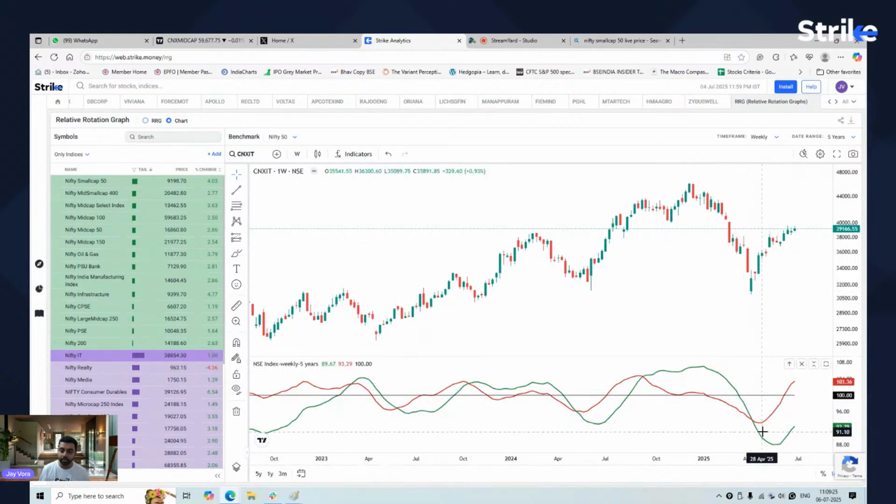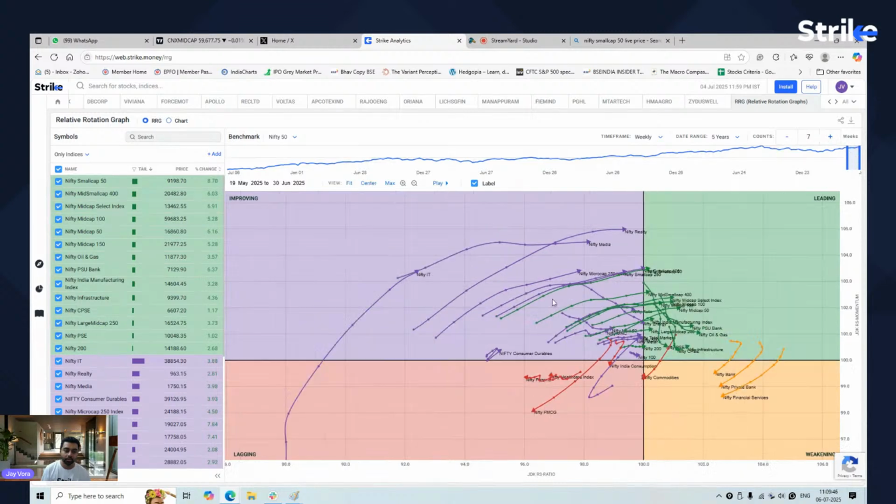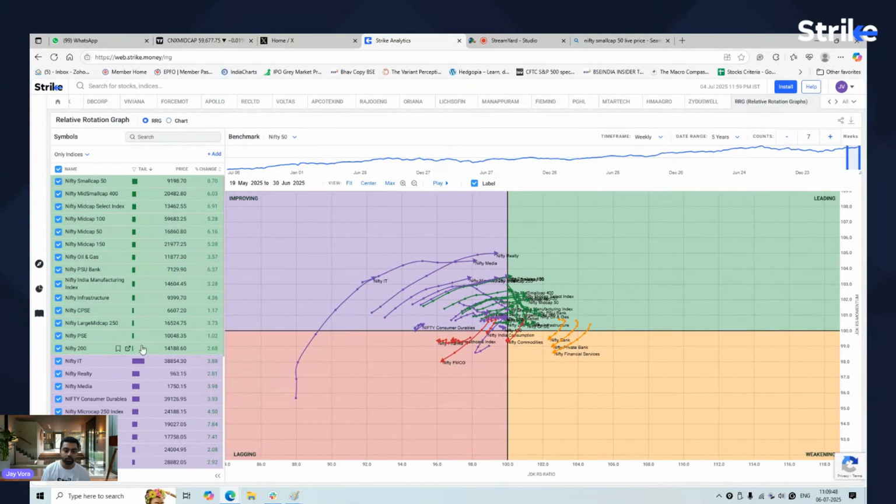Something very similar happened at the bottom as well. When IT was turning around, momentum turned around first, and then the RS ratio turned around. So how it looks on an RRG chart is something like this. Let me take a big tail so that you understand the behavior of this.